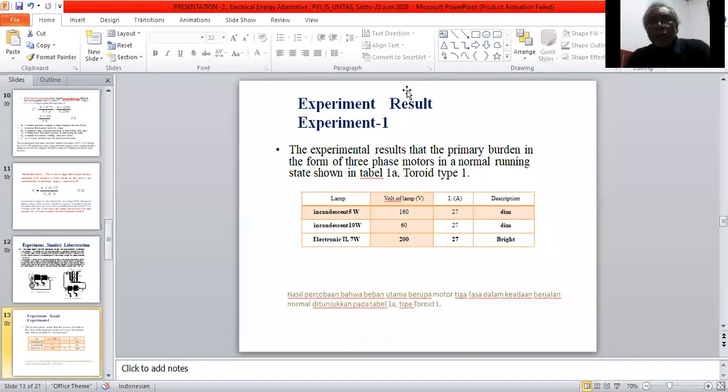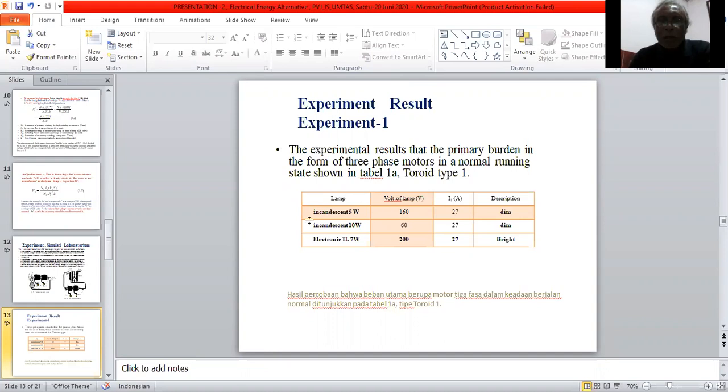And next, experiment result. From experiment 1, the experimental result, with the primary burden in the form of a three-phase motor in normal running state, is shown in table 1A.